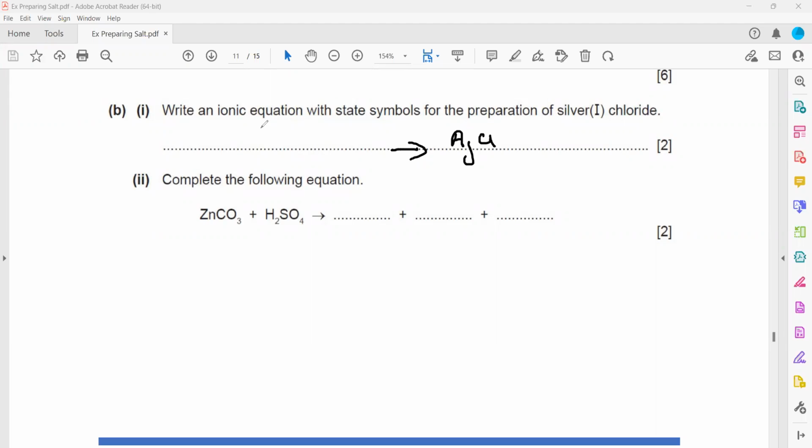AgCl is formed. What are the ions? It will be a silver ion and a chloride ion, aqueous, and then solid. Zinc carbonate plus sulfuric acid gives zinc sulfate, ZnSO4, plus CO2 plus H2O. Then balance the equation. It's already balanced, you don't have to.